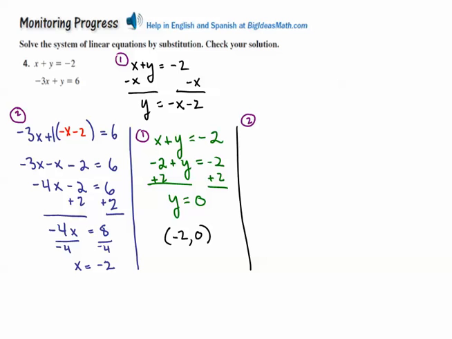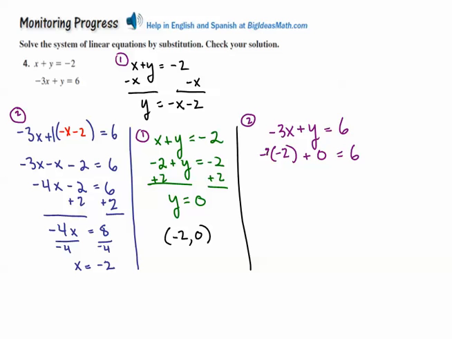And so now we have negative 3x plus y is equal to 6. And I'm going to substitute x is negative 2, y is 0, and that should be equal to 6.